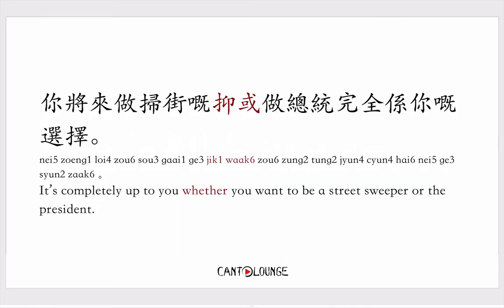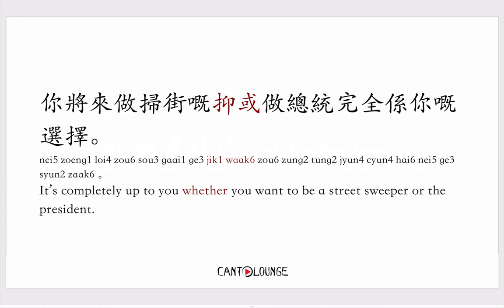So imagine that a parent, maybe mom, is speaking to her son and talking about the future, and it's like, son, here's the philosophical thing coming again. 你將來做掃街嘅，抑或做總統，完全係你嘅選擇. So 你將來 in the future, 做掃街嘅 to be a sweeper. 掃街嘅 is like 掃街嘅工作, work to do with sweeping the streets. 抑或.